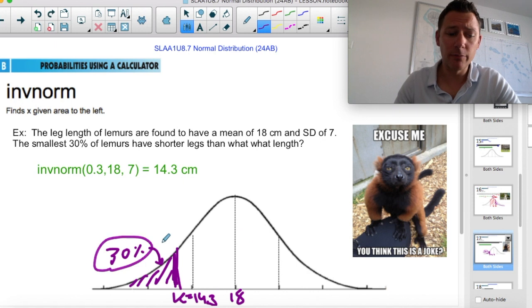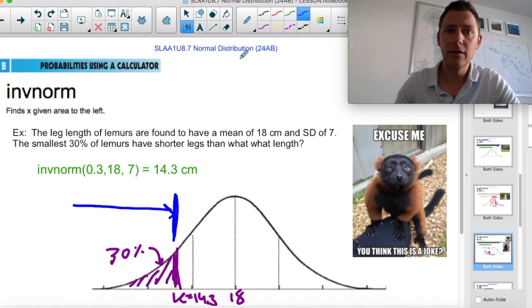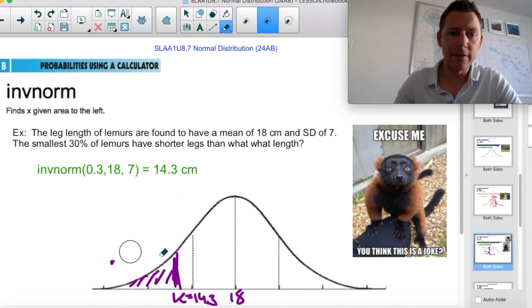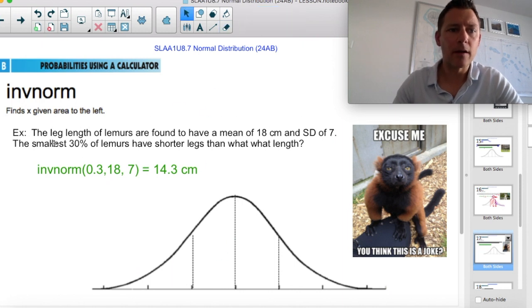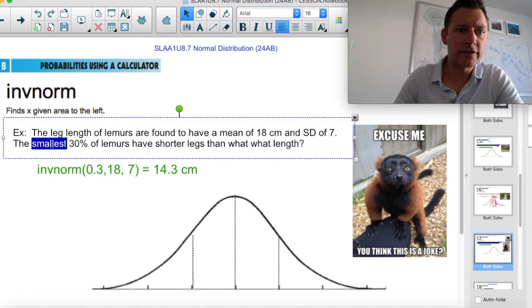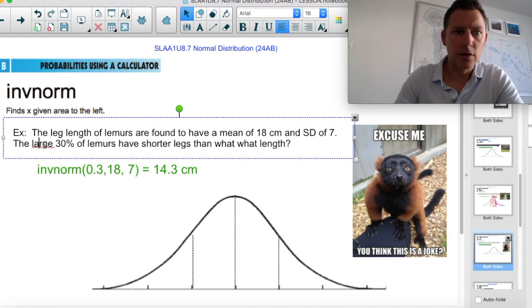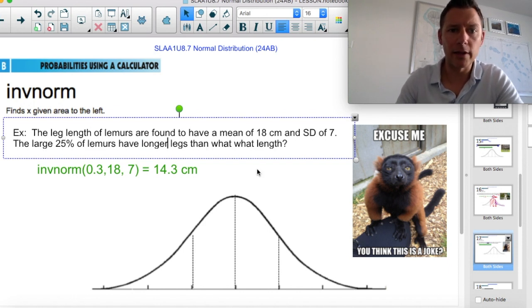Now, most of your calculators are reading from negative infinity up to this boundary. So if this prompt was different and they asked you the largest 25% of lemurs have longer legs than what length?